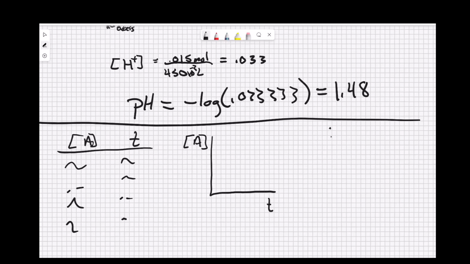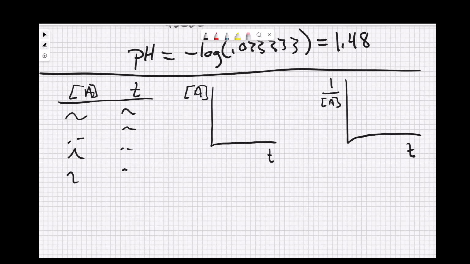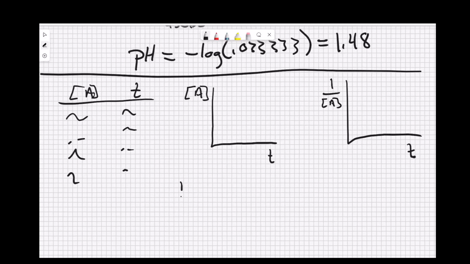Make a graph of 1 over concentration versus time. And then make a graph of natural log of concentration versus time. One of these will give you a straight line.